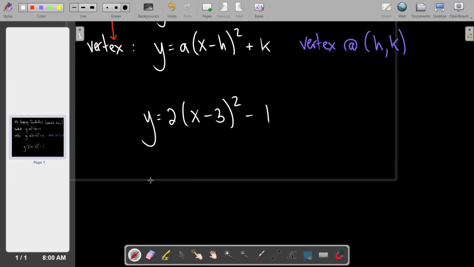No negative b over 2a, none of that kind of stuff. In fact, b doesn't even make sense here because I'd have to expand out (x minus 3) squared, which I don't want to do. Does anyone know, based on what you see up here in purple, what the vertex of this particular quadratic parabola would be?